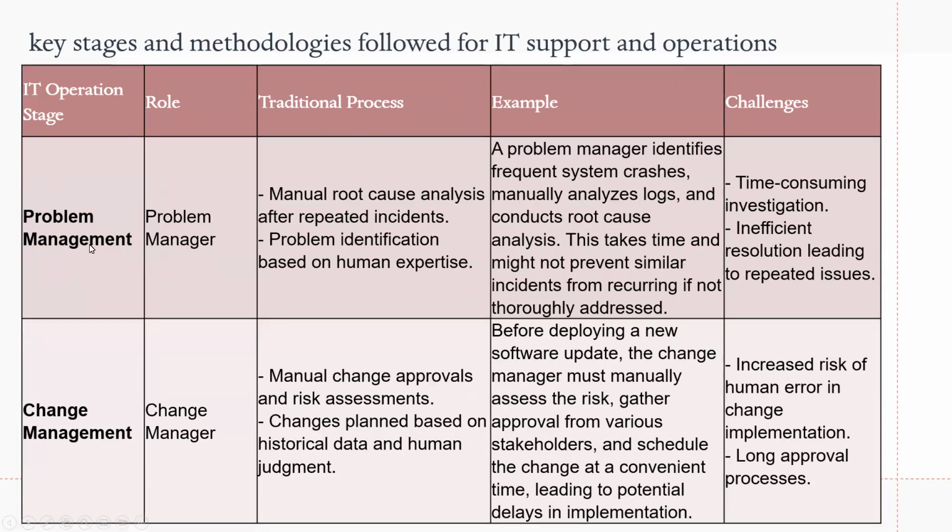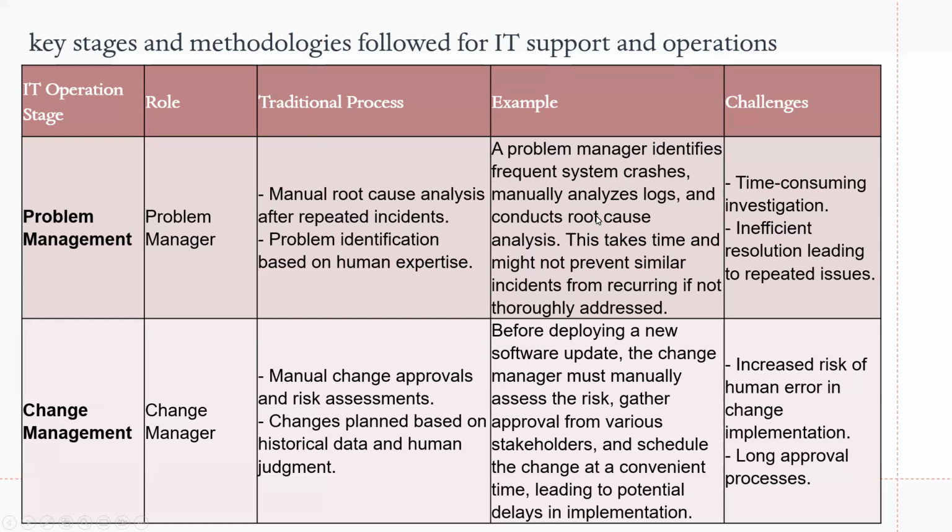The next IT operations stage is problem management. In some organizations, there is a problem manager for this. The traditional process is manual root cause analysis after repeated incidents, with problem identification based on human expertise.